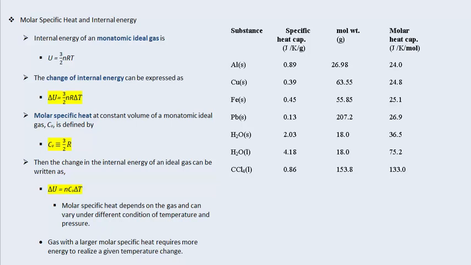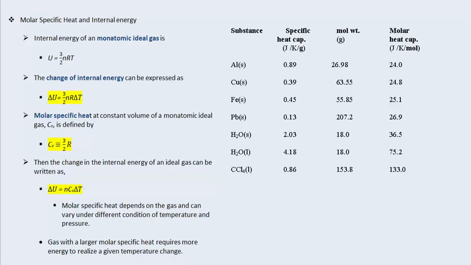The molar specific heat at constant volume of a monatomic ideal gas is expressed as C with a subscript V, which is equivalent to 3/2 multiplied by our ideal gas constant.